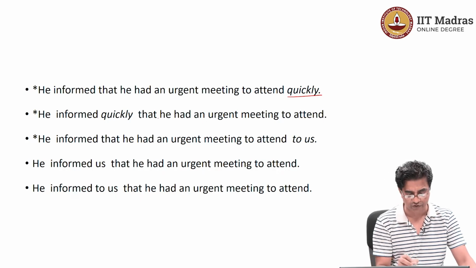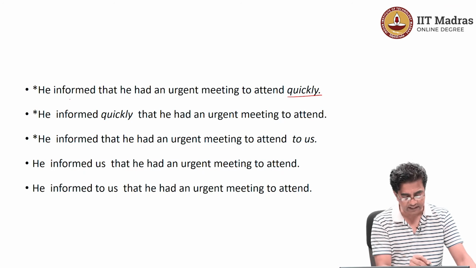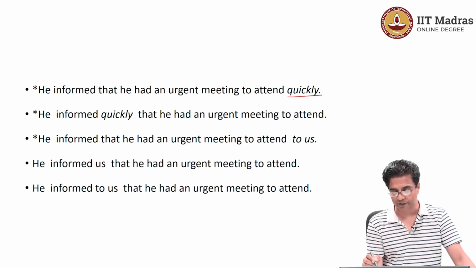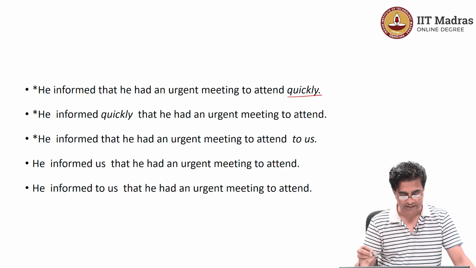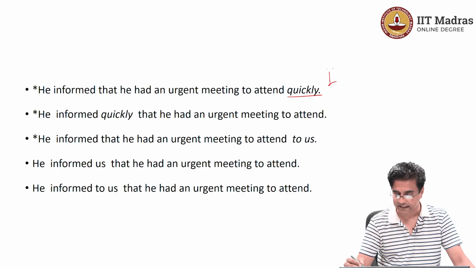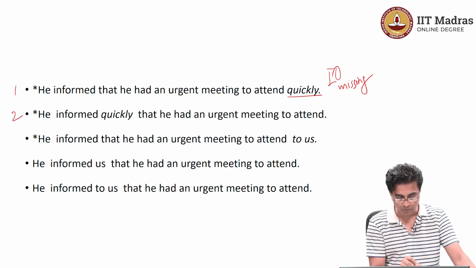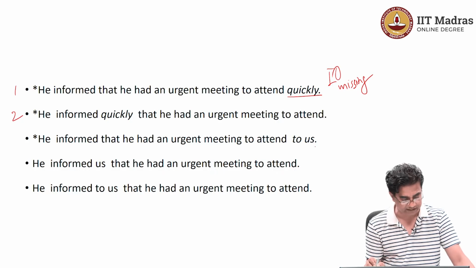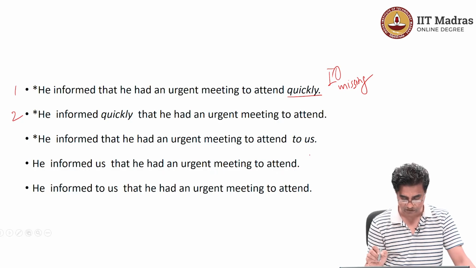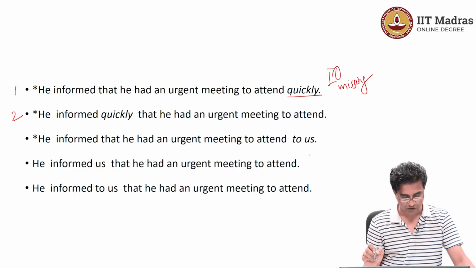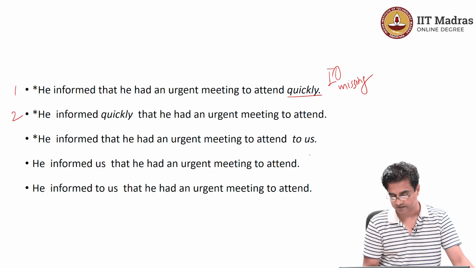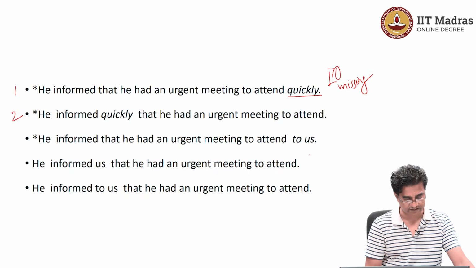This is also not a good sentence, because the ungrammaticality is not because of the location of quickly, but because an indirect object is missing in these two sentences, in 1 and 2. He informed that he had an urgent meeting to us. He informed that he has an urgent meeting to attend to us.